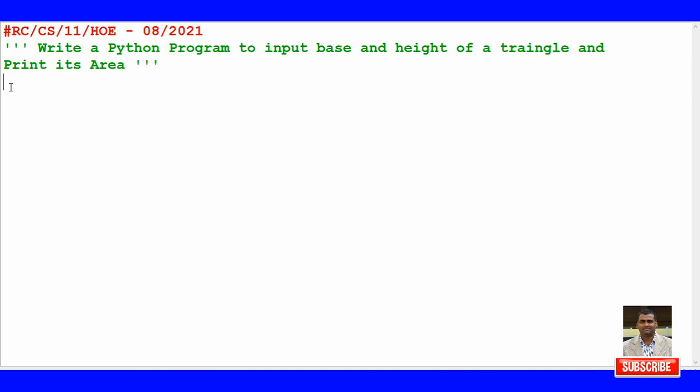In this one, we need to input the base as well as the height of a triangle, and that can be either integer or float, up to you. So I'm writing b for base is equal to, with integer typecasting, the input command. Then I am writing here, enter base of a triangle.